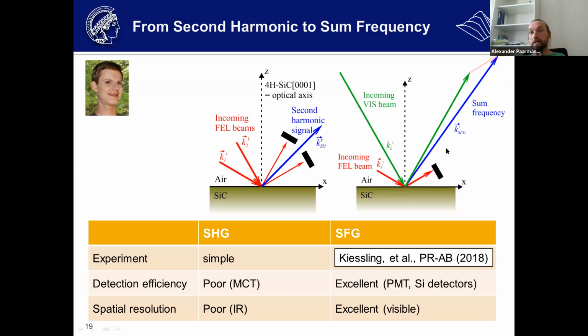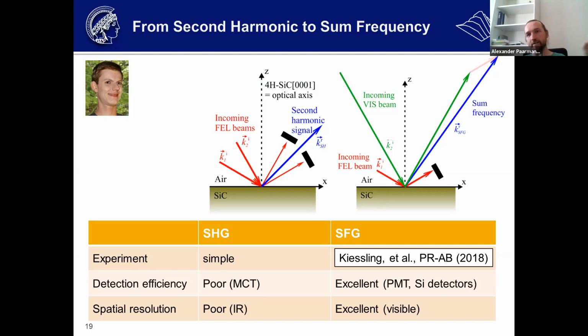So this is a very simple trick: mix two light waves, one with very long wavelength, one with very short wavelength. The long wavelength is resonant, the short wavelength is non-resonant, but just upconverts. The spatial resolution is determined by the short wavelength.